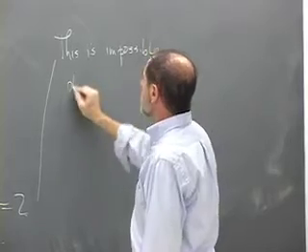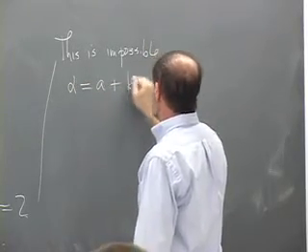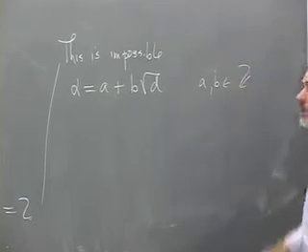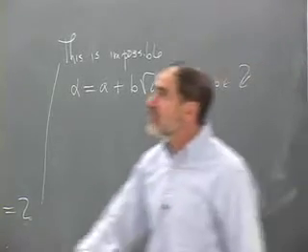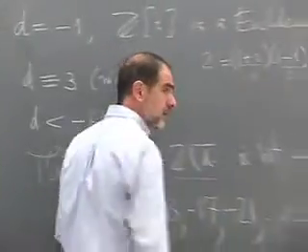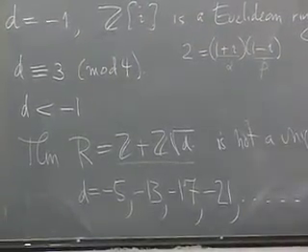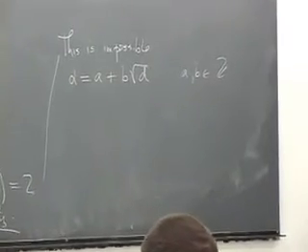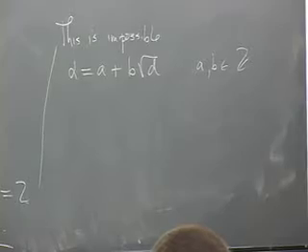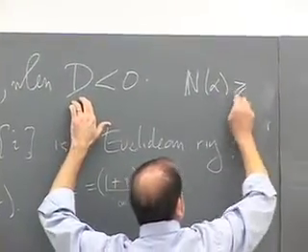We write alpha as a plus b root d, where in this case we know a and b are integers, right? Because we're in a case where d is 3 mod 4, so the ring of integers is just this. Yeah, Tim. No, because remember, in an imaginary quadratic ring, the norm of alpha is always greater than or equal to 0.